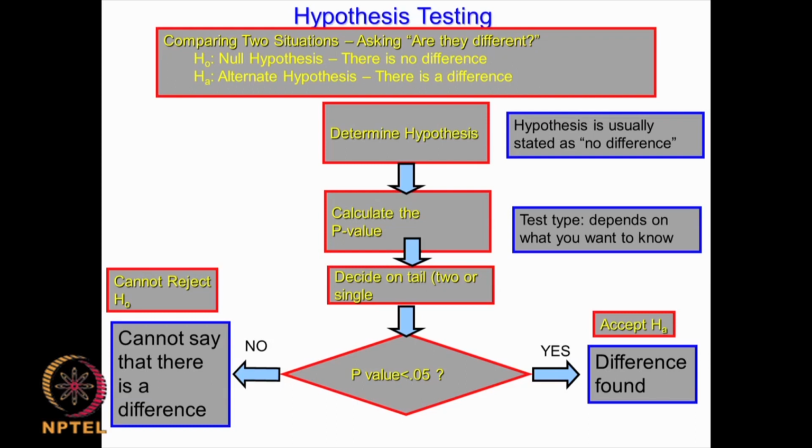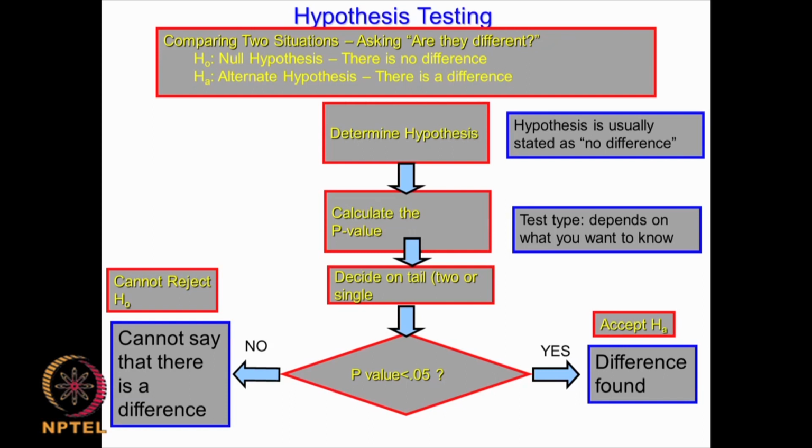Whereas, if the alternate hypothesis is that the new data set is greater than the old data set, could be height, could be IQ, could be drug, then we use a single tail test. This is called an upper tail test because of greater. When we say the new data set is lower than the old data set, then we use a lower tail test, which is again a single tail test.